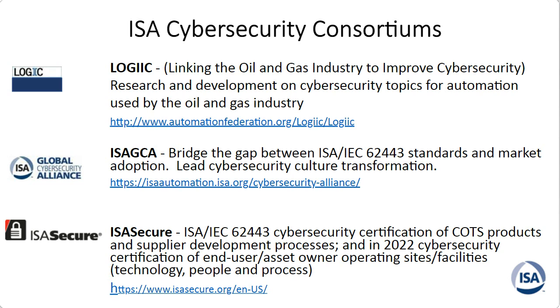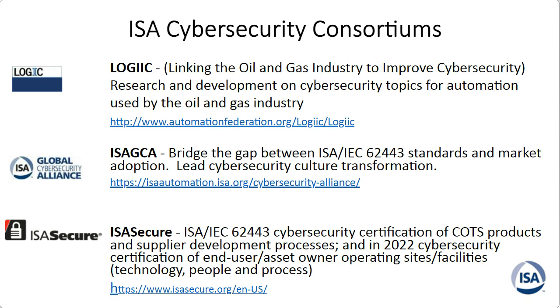Then another organization that was stood up in 2007 is the ISASecure Security Compliance Institute. They run a product certification scheme based on the 62443 standards. This was the first global cybersecurity certification scheme purpose-built for automation and control systems. The first certificate was issued in 2010, and it's been operating ever since.